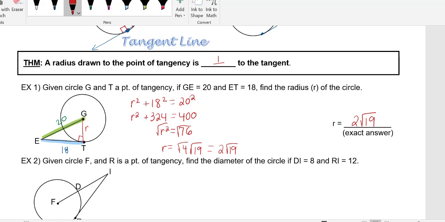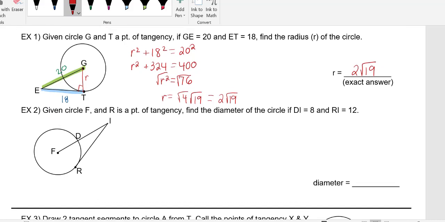Excellent. Same idea for our next one in example 2. We're given this circle F. R is that point of tangency. We want to find the diameter of the circle if we're given DI is 8 and then RI is 12. So let's label those segments that we have, right? We have this DI, which is that external portion of our secant.